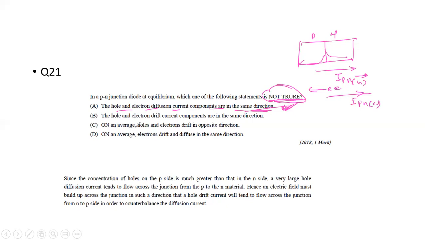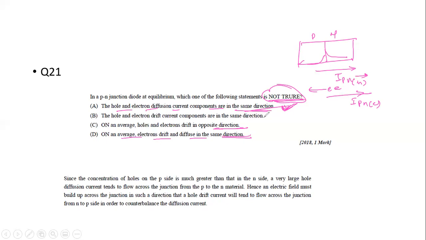Next one, on an average, holes and electrons drift in opposite directions. On average, electrons drift and diffuse in the same direction.